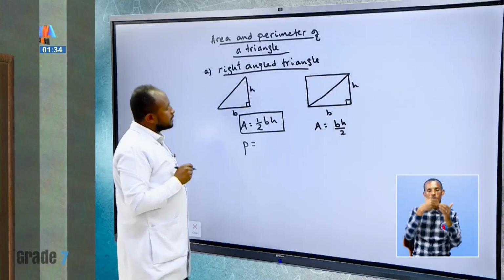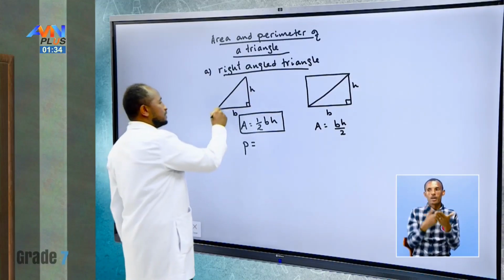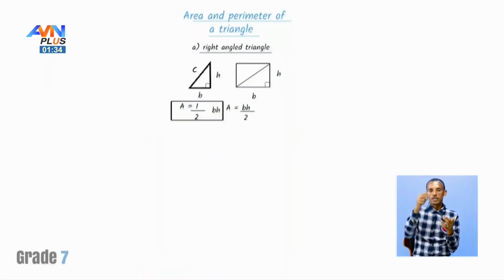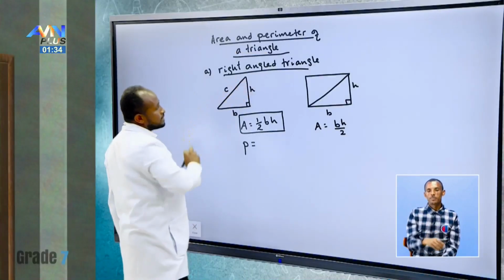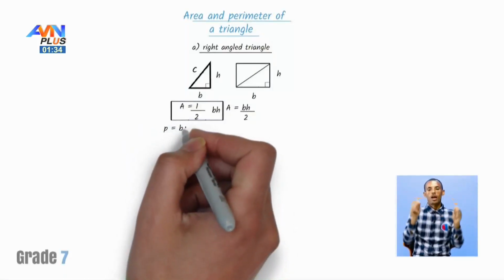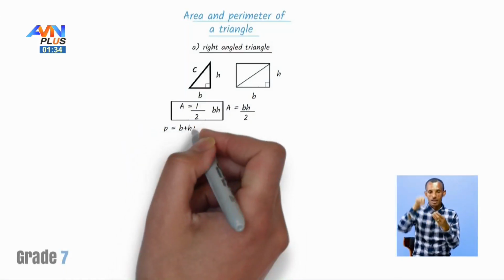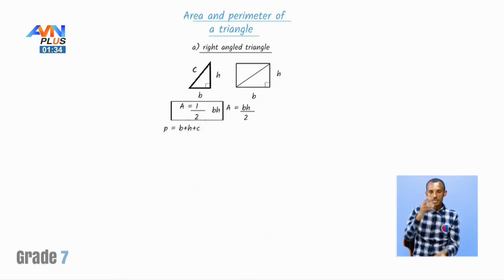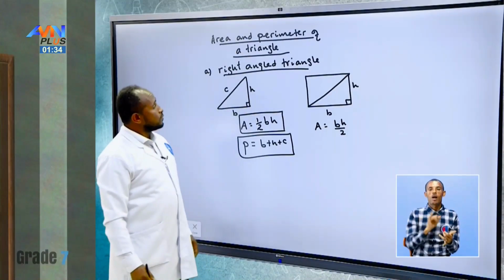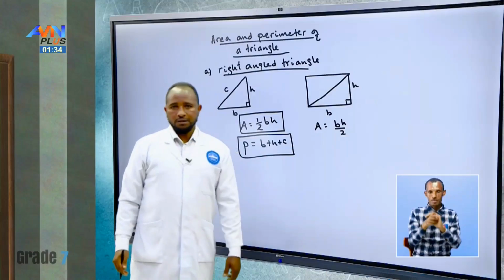Therefore, here you have this side is B. Let's assume the length of this side to be C. Therefore, from this picture, the perimeter of this triangle will be B plus H plus C. This will be the perimeter of this triangle. Now, I will give you one example for this.